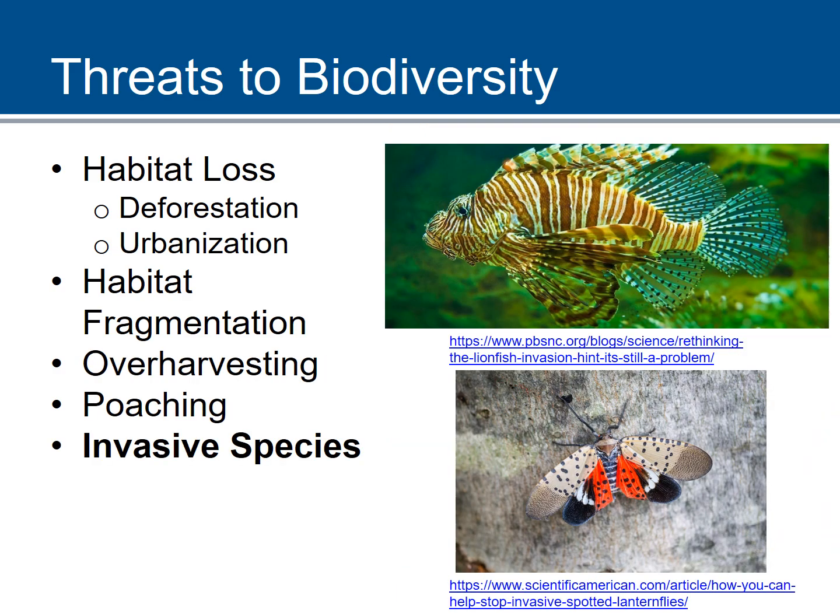Another threat is invasive species. As we have international commerce and people move around the globe, sometimes species accidentally get introduced into places that they're not native. So they have no known predators within those locations. For example, the lionfish at the top is native to the Western Pacific, but it's accidentally been introduced in Florida and the Caribbean, and it's just absolutely decimated some of the wild fish populations because they're not used to this voracious predator living there.